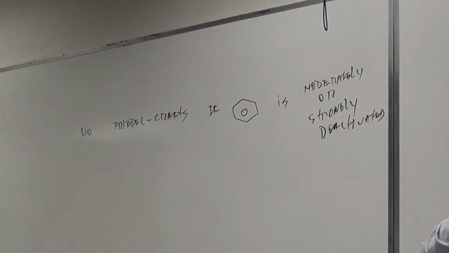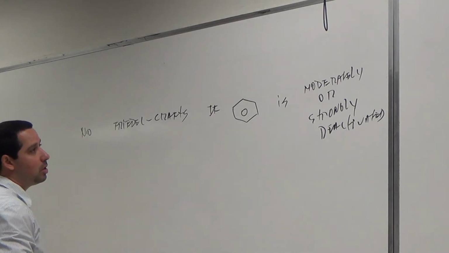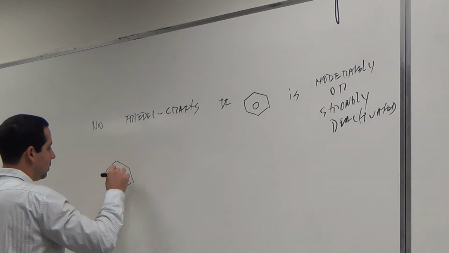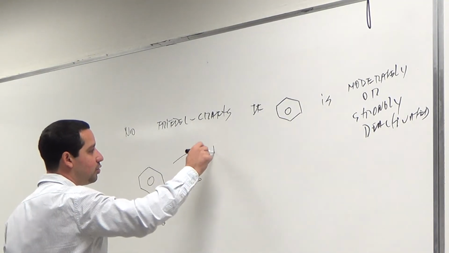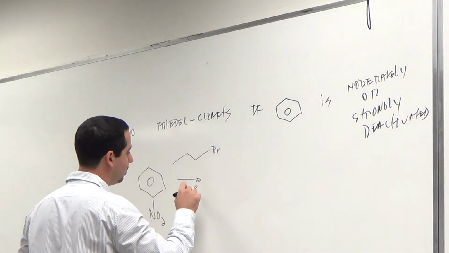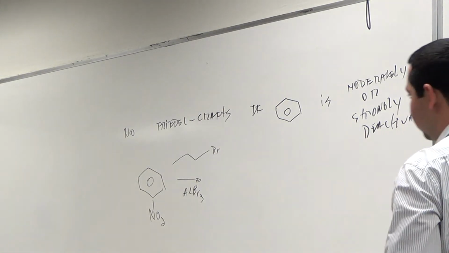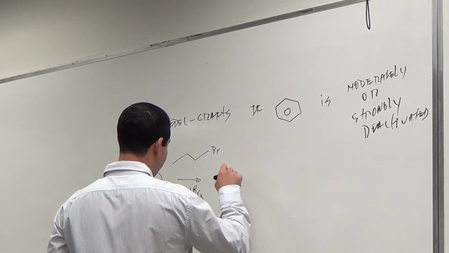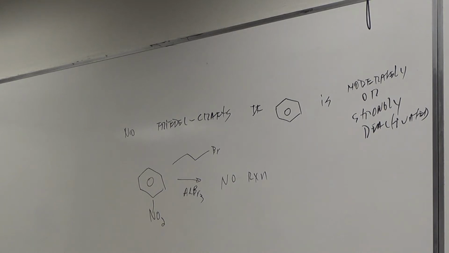So if you have this on the benzene ring, and you try to do Friedel-Crafts, what's going to happen? No reaction. No rearrangement, yes? No reaction, whether it's alkylation or acylation, when the ring is moderately or strongly deactivated.